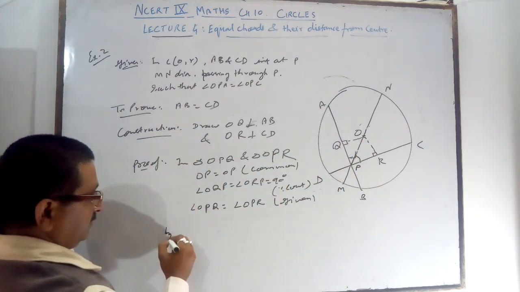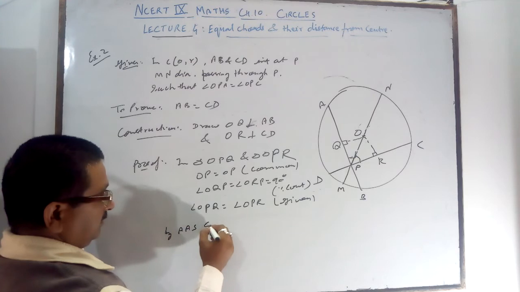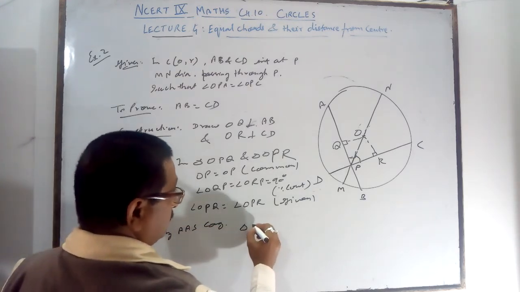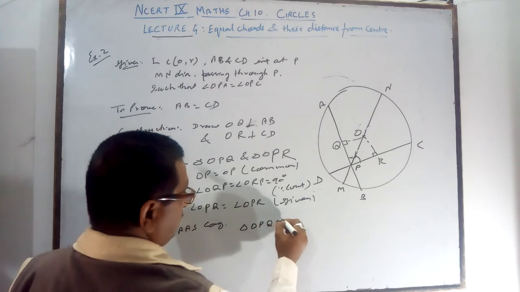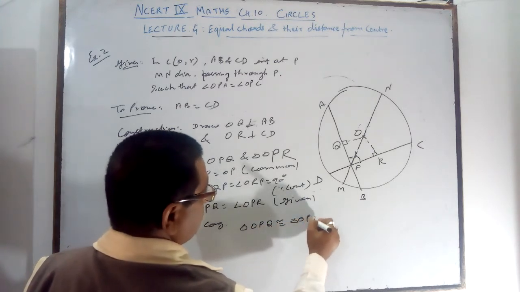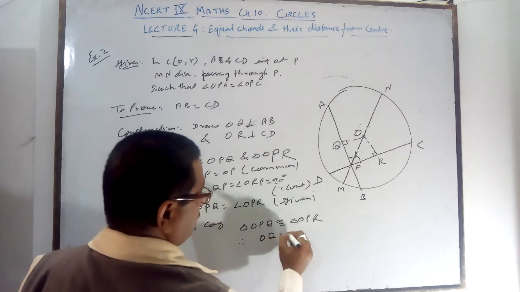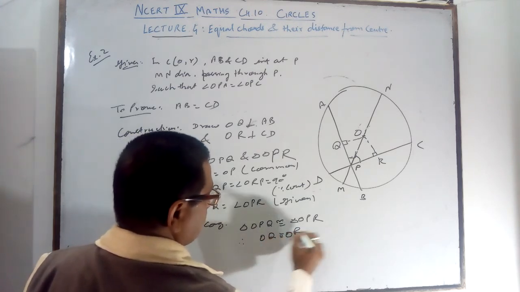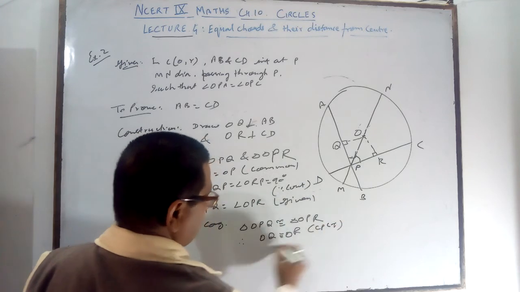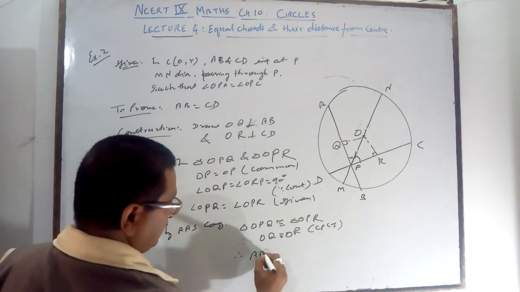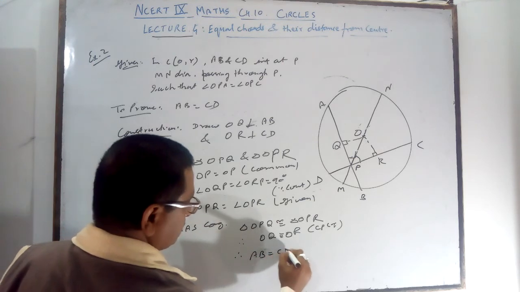So by angle-angle-side congruency, triangle OPQ is congruent to triangle OPR. So OQ is equal to OR by CPCT. Hence, since the distances are equal, AB is equal to CD.